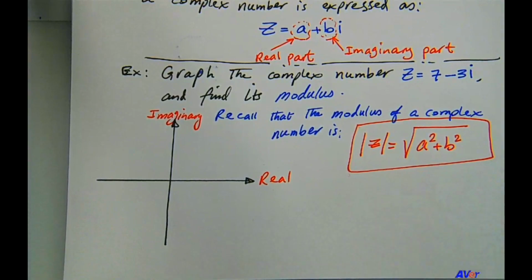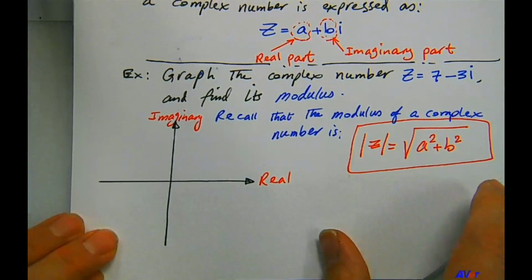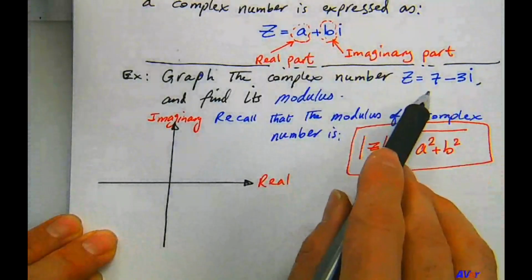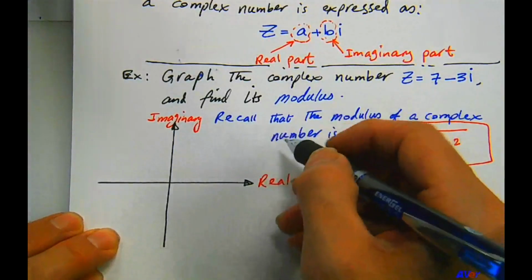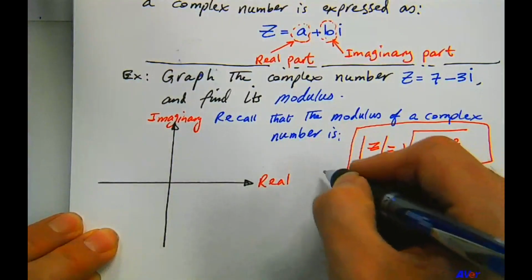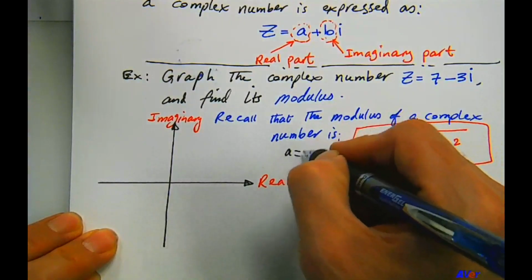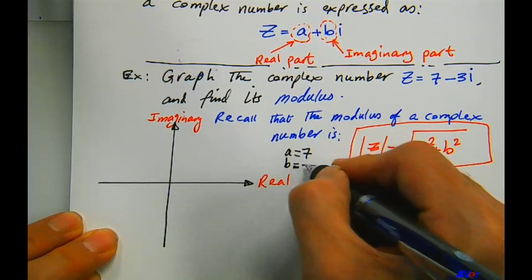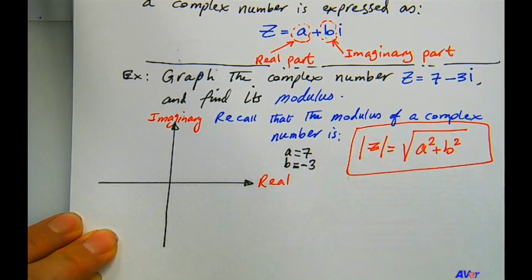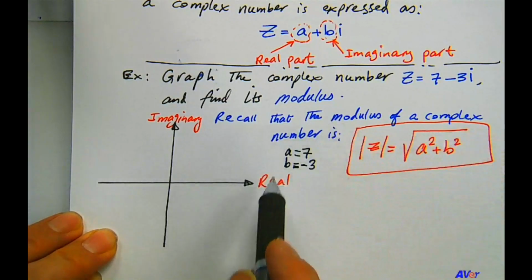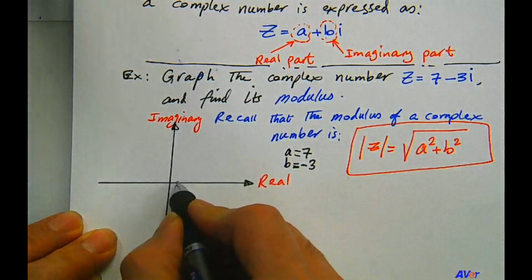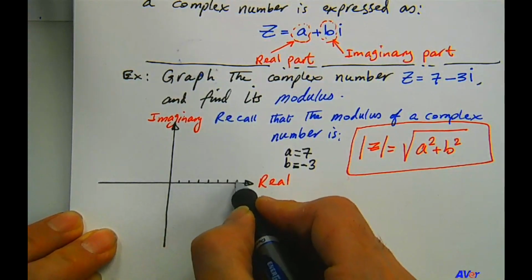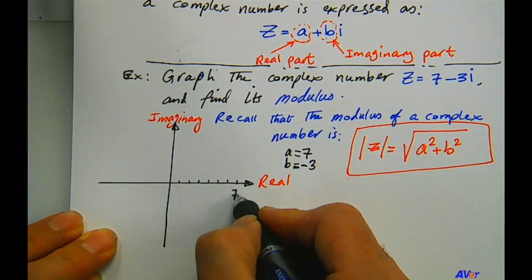Okay, so now we know that a, or the real part, is 7 in this case, right? So let me write that down. We have a equals 7 and b equals minus 3. So let's increment 1, 2, 3, 4, 5, 6, 7, like that.